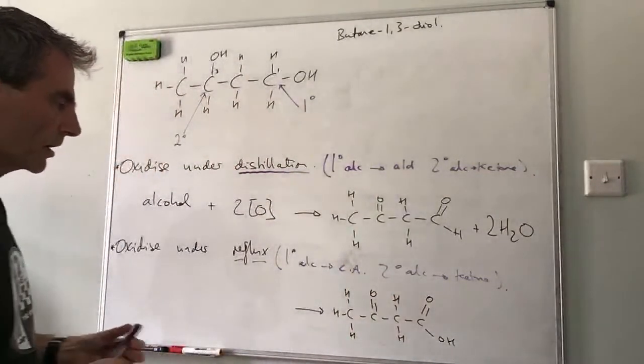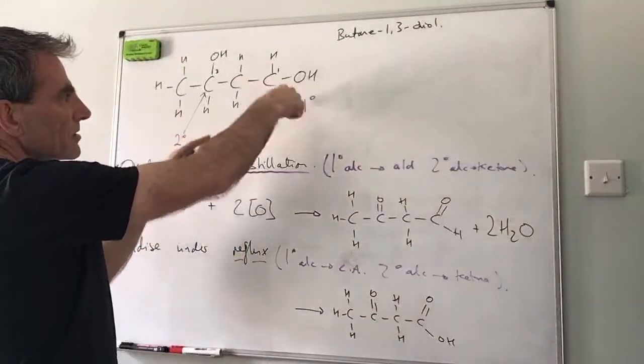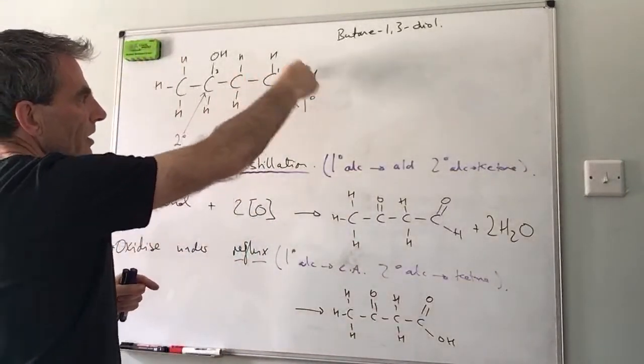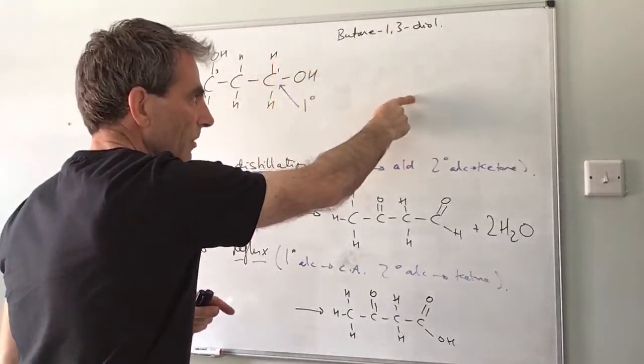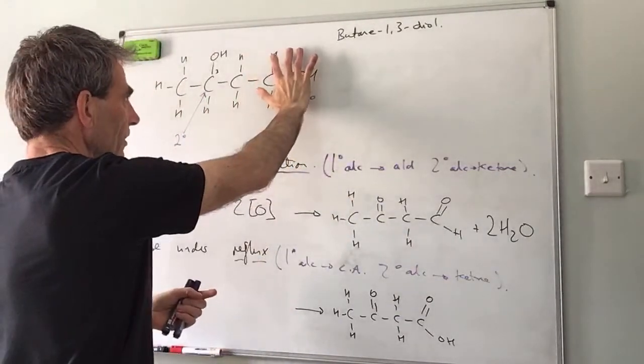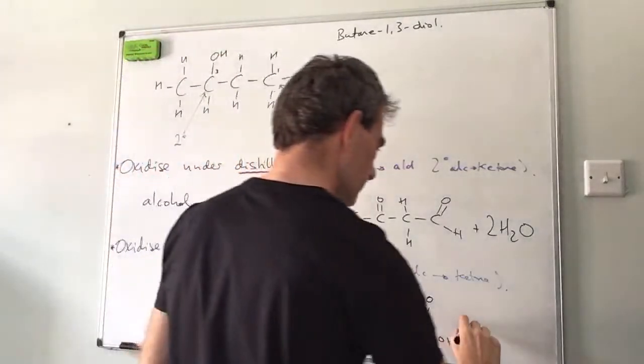So how many water molecules are going to form? So 2 oxidations have happened there. One to the aldehyde, that makes water, but the aldehyde to carboxylic acid doesn't make water, so just 1 water there, 1 water there. Right, so we need 2 waters.